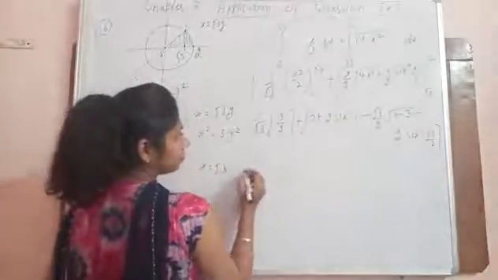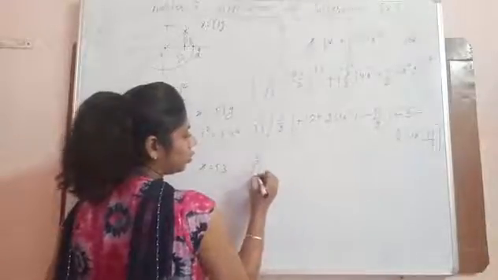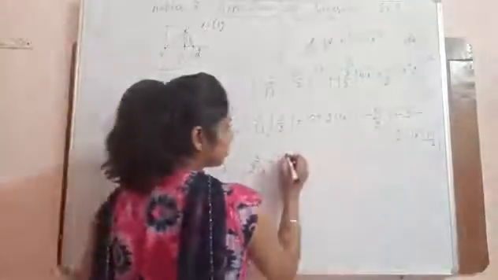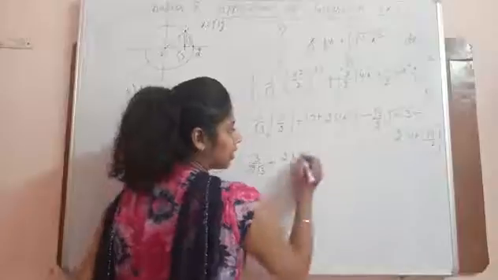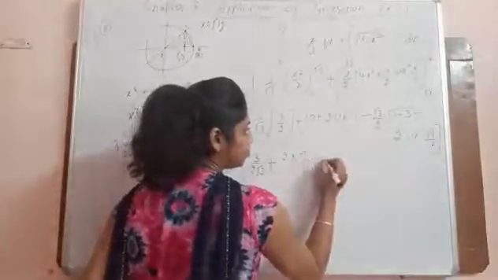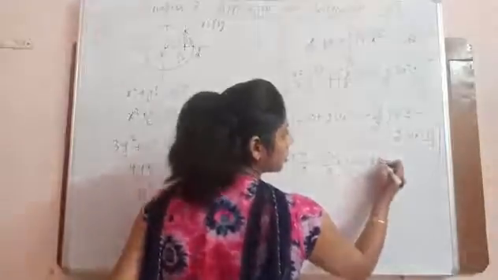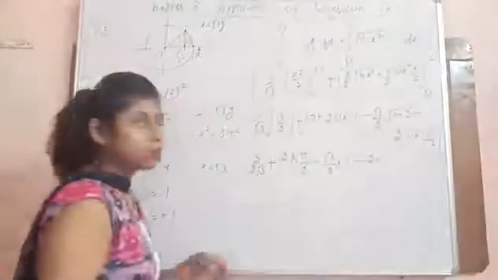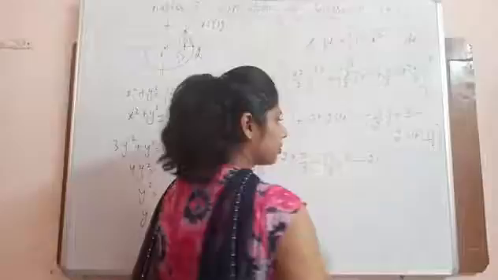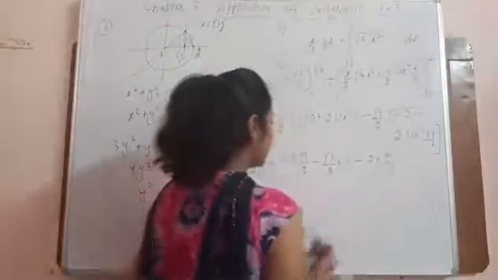Simplify it. So 3 by 2 root 3 plus 2 into sin inverse 1, which is pi by 2, minus sin inverse root 3 by 2, at 60 degrees, so this will become pi by 3.